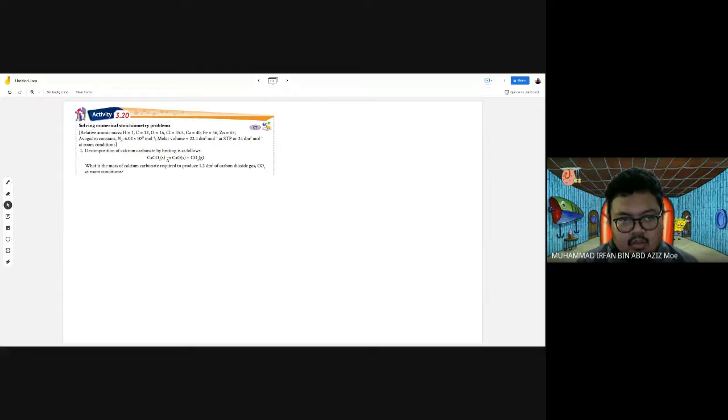Zinc? Question 1 has no zinc. Why zinc? Question 1 only has calcium carbonate, calcium oxide and carbon dioxide. So what do we need to do first? First step, number of moles is correct.